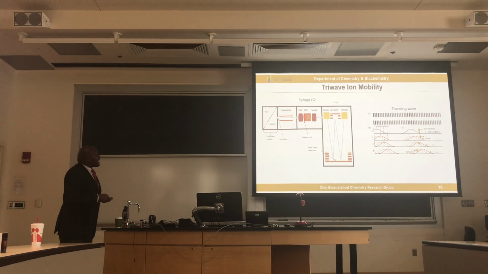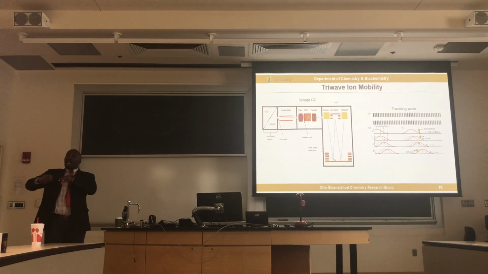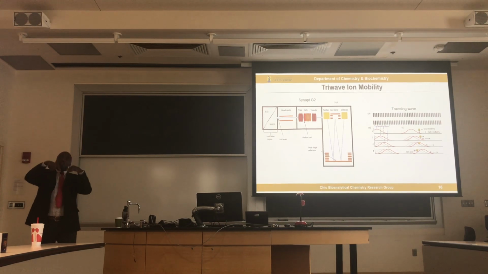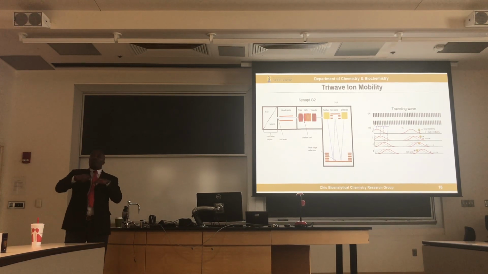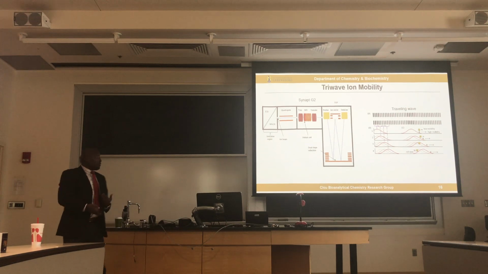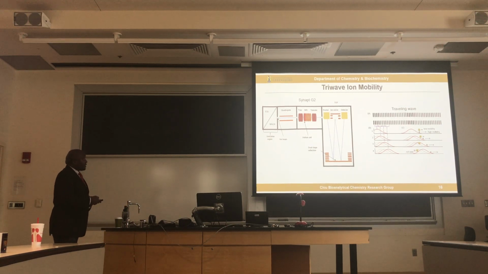It creates what they call a traveling wave. This traveling wave travels in the ion mobility cell, and it separates the ions as they surf through the wave. Some of them keep up with the wave, and some others remain behind the wave. And that way you are able to separate your isomeric ions.